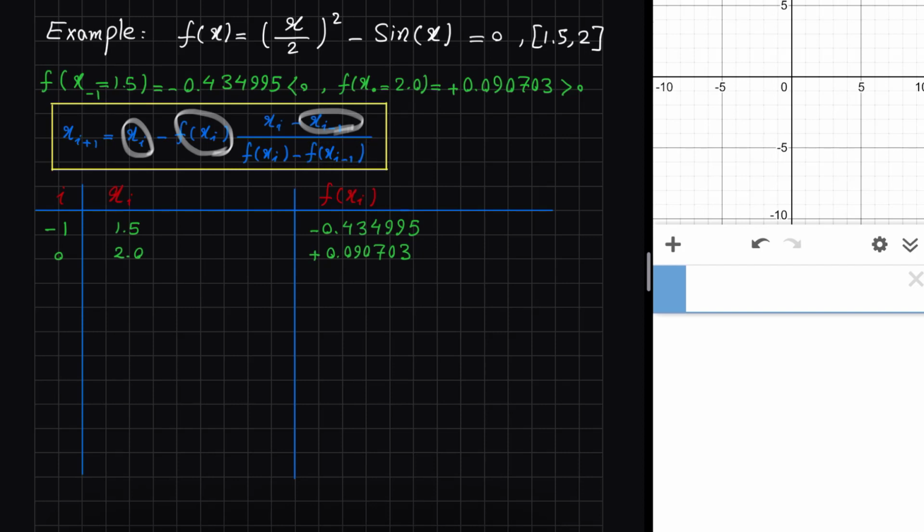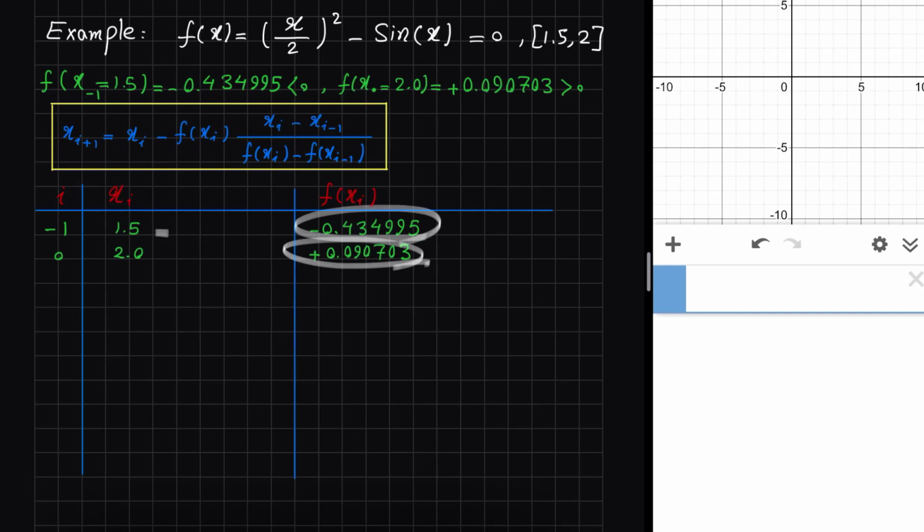So basically we need 4 values. That's why in this table we have these 4 values. So we use these 4 values to obtain the value of x at iteration 1.